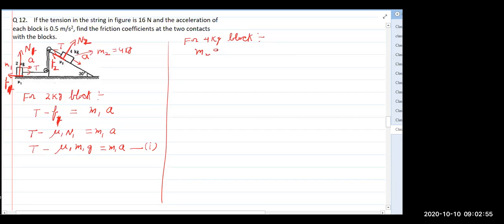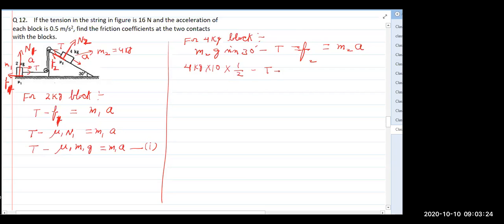So M2g sine 30 degree minus tension upward, and minus friction F2 equal to M2A. So in this way we can write. So how much it will be? M2G is 4 kg into 10 into sine 30 is half, minus tension, minus friction.